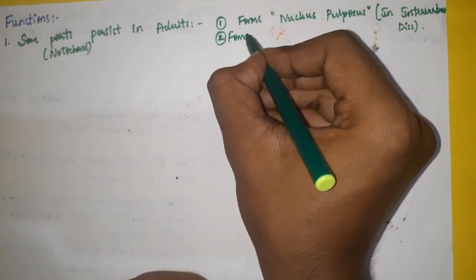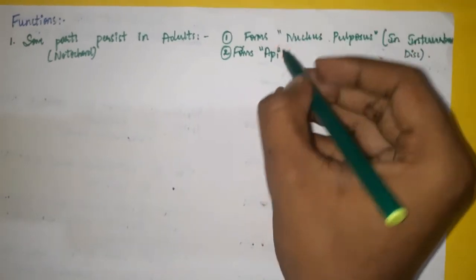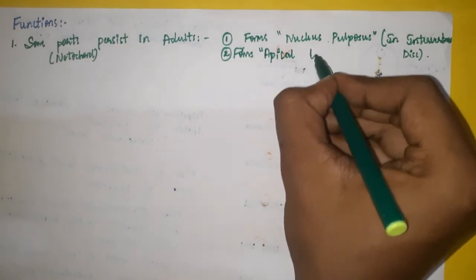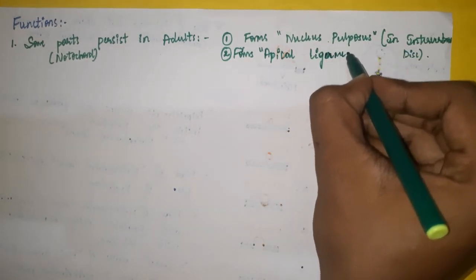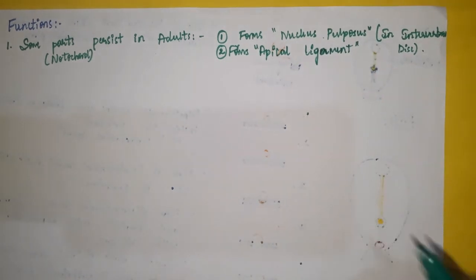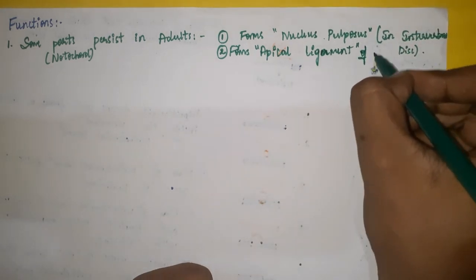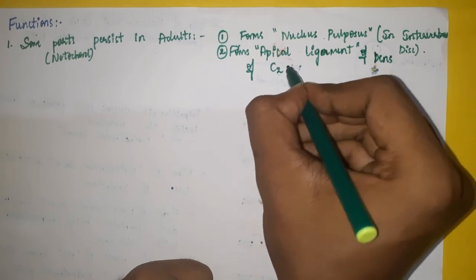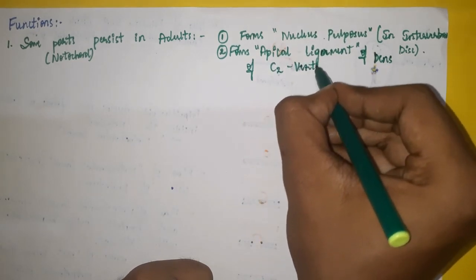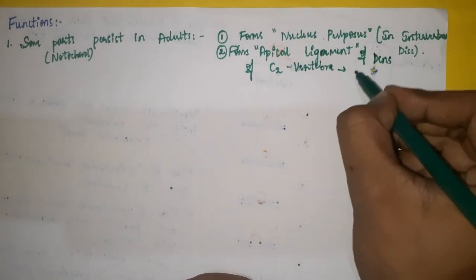It forms the apical ligament of dens, where dens is a part of the C2 vertebra. Okay, apical ligament of dens of C2 vertebra. C2 vertebra is also called axis.